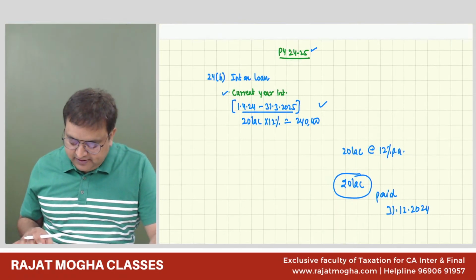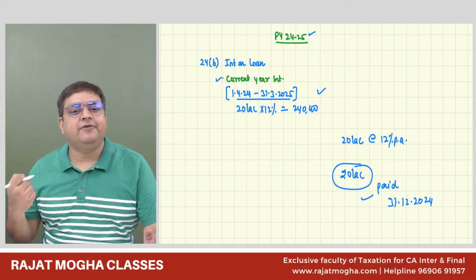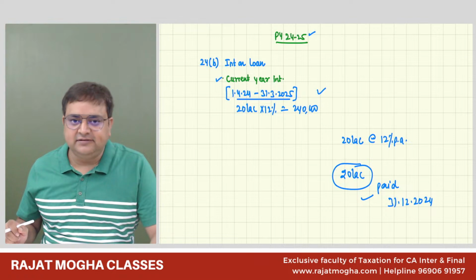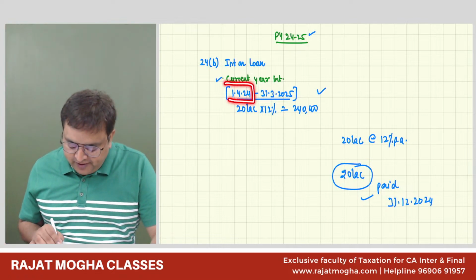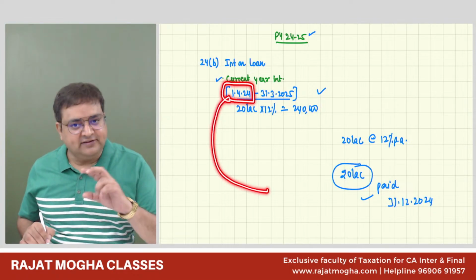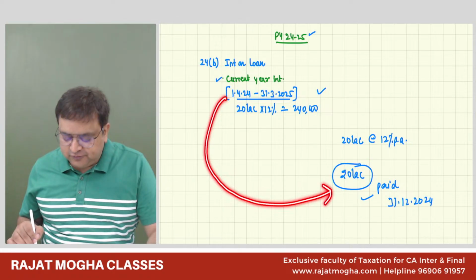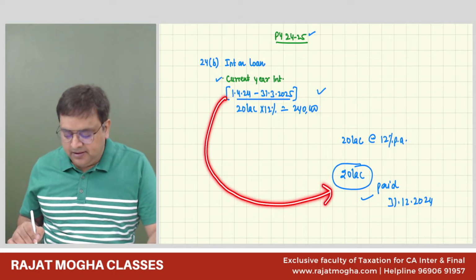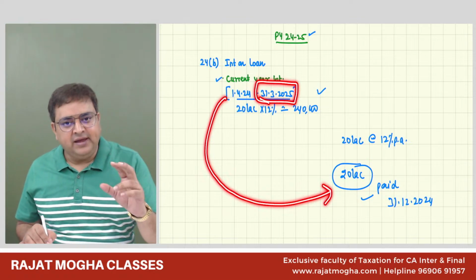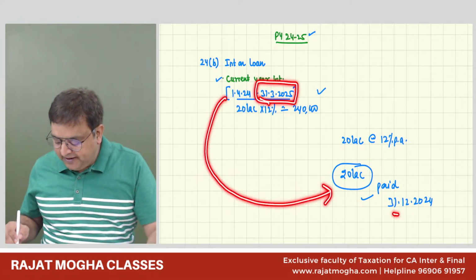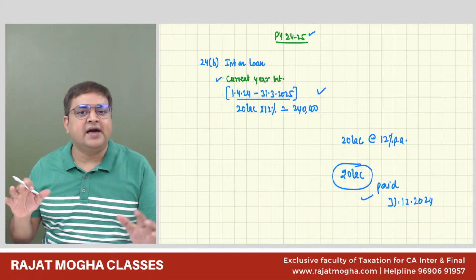If it is mentioned in the question that we have repaid the entire loan in this year, first of all, tell me, on 1/4/2024, this is my case number 2, the loan was 20 lakh. On 31st March 2025, there was no loan. Why? Because in the month of December itself, we have repaid 20 lakh rupees. We have repaid the entire loan.